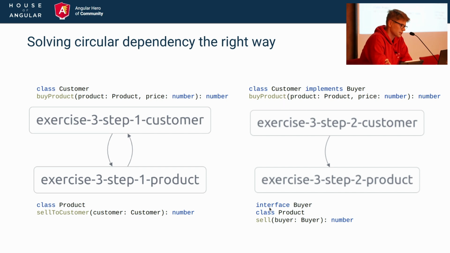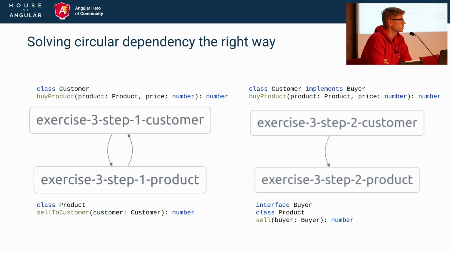But after we introduced this buyer interface, now all the shape, all the contract that has to be fulfilled by other objects is inside this product library, which is really nice, because having code like this gives you the possibility to test it without the real implementation of the buyer interface.